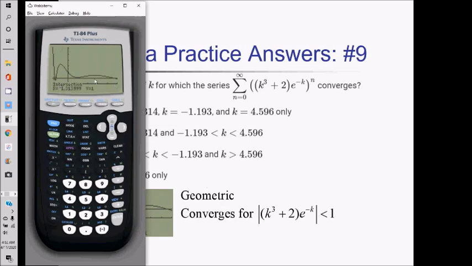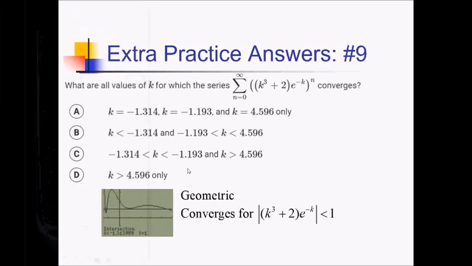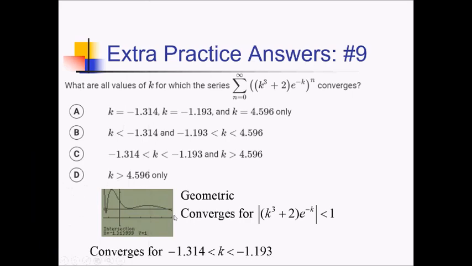And we have another intersection if I do second trace option 5 again. Let me just move a little further along. Enter, enter, enter. Negative 1.193. So between negative 1.314 and negative 1.193, that small interval is one on which this thing will converge.